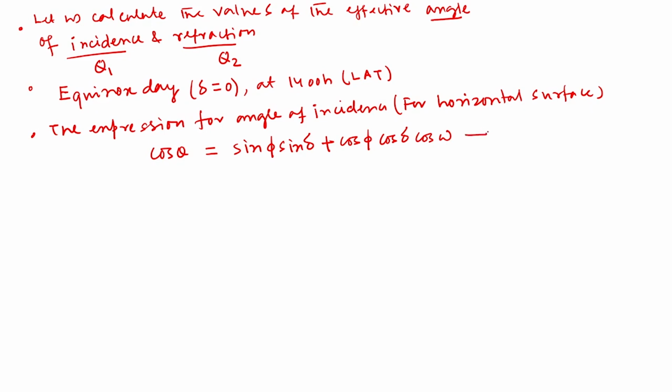So, if we substitute, say maybe equation 1, the value of delta is 0, okay, then equation 1 implies cos theta is equal to, so here sine 0 is 0, so this expression will be 0, then this will be cos phi, then cos 0 is 1, so it will be cos omega, right. So, this may be equation 2. Also, we can calculate the latitude.